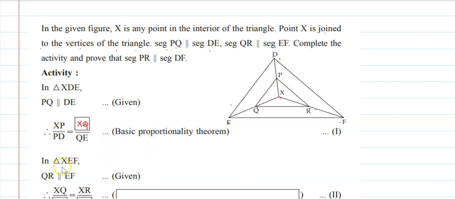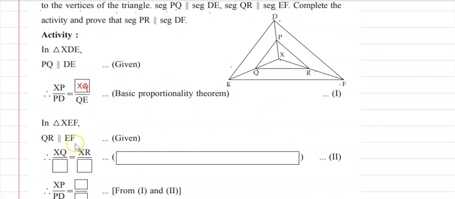Next, in triangle XEF, what's happening? QR is parallel to EF. This is given. Therefore, XQ upon QE is equal to XR upon RF.